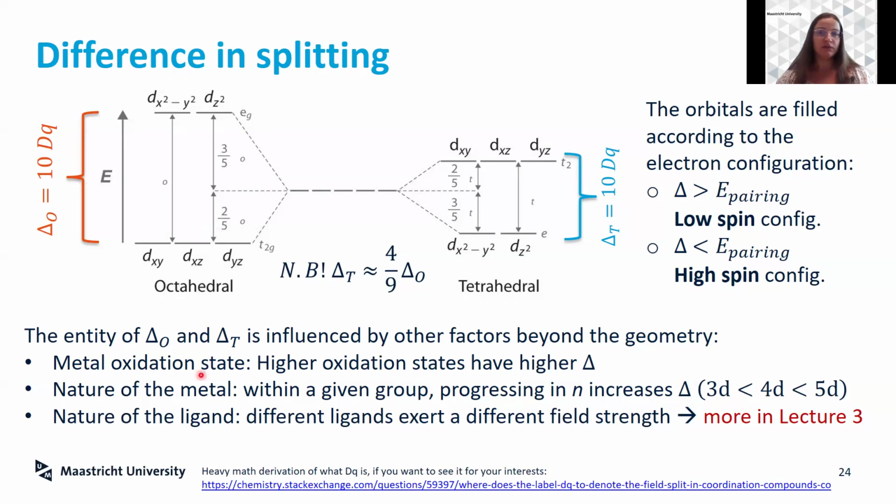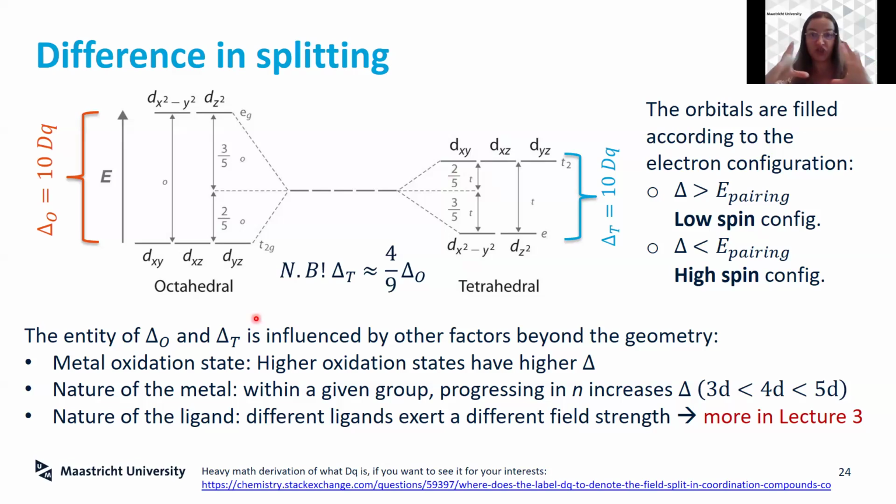Now, we know that a tetrahedral split is always smaller than an octahedral one. So this jump is always going to be tiny, which means tetrahedral complexes are all high spin. You don't get the low spin configuration. There is no reason to cram all the electrons here if they can just use the one available above.